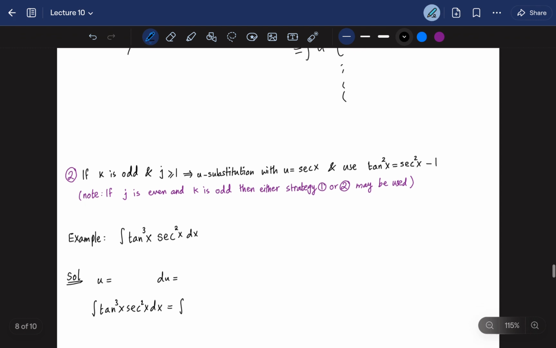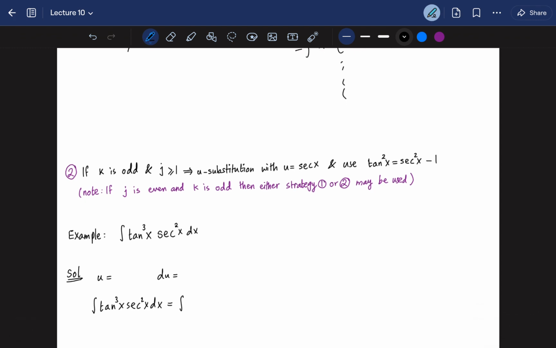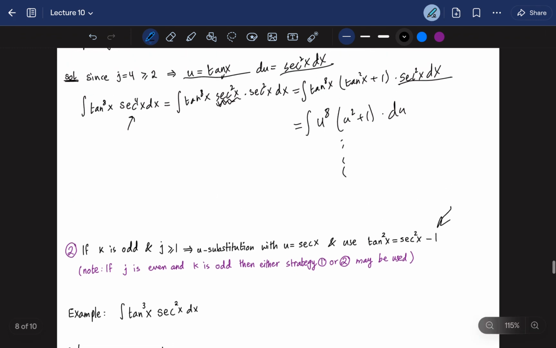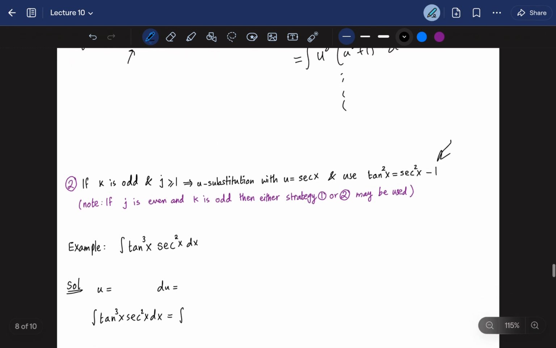Okay, now what if we have k to be odd and j anything bigger than 1? Here, we're going to use a u sub with secant and this identity. If j is even and k is odd, we can either use 1 or 2. It doesn't matter.